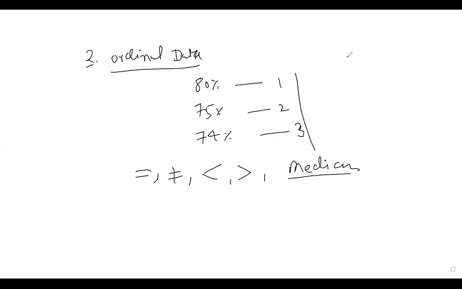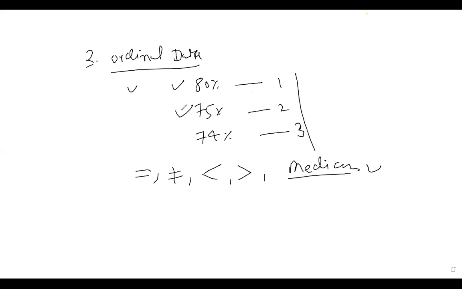Now question is, why are we taking the median value? So in case of ordinal data, we take the median value, and we cannot take the mean value of this type of data because it's a simple ranking. We cannot say the first rank holder is 2 times more intelligent than the second ranker.